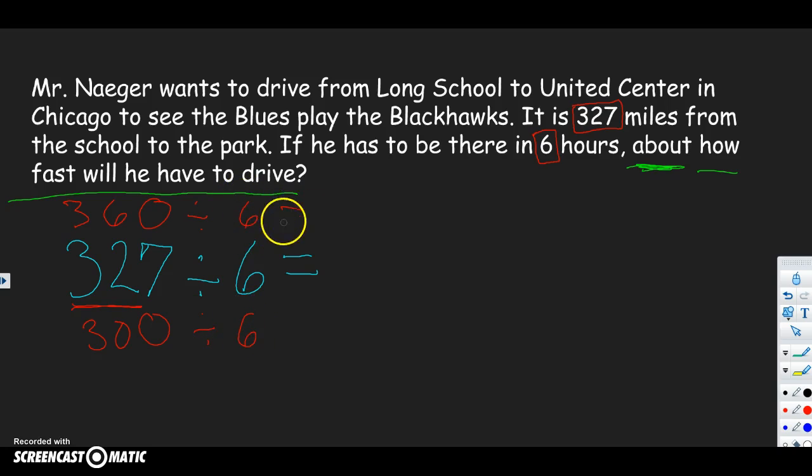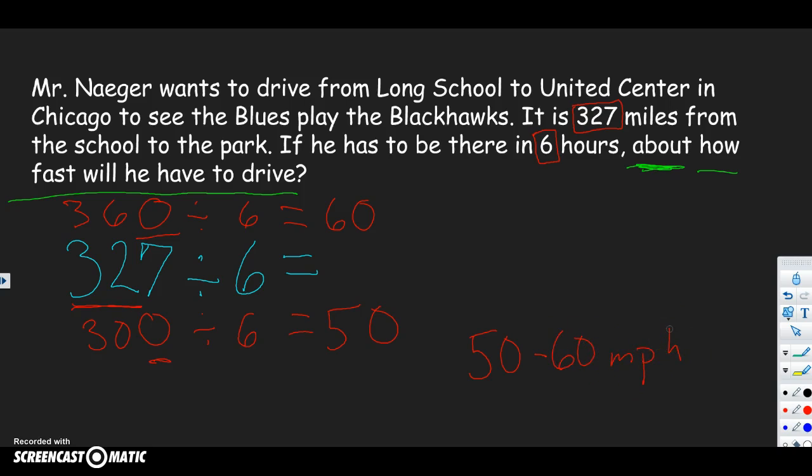36 divided by 6 is 6 with a 0 that has to be annexed. 30 divided by 6 is 5, once again with a 0 that has to be annexed. So I'm going to have to drive about 50 to 60 miles per hour.